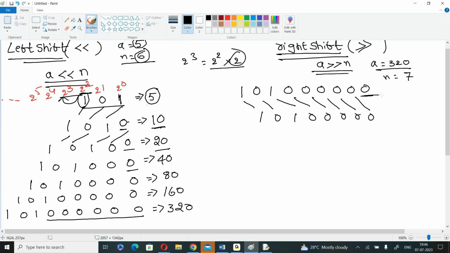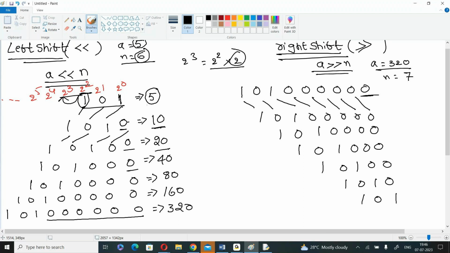First shift is completed. Second one, and so on. How many are completed? 7 shift operations are completed.